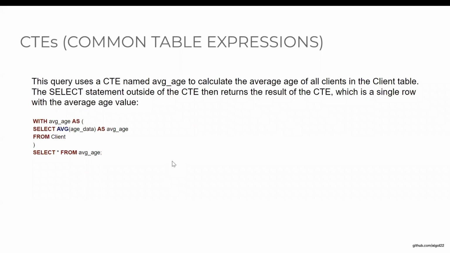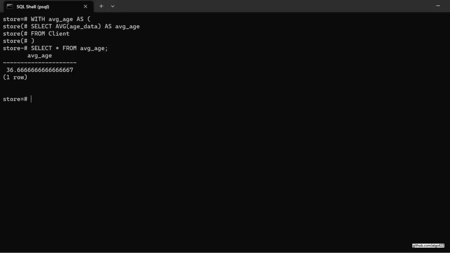In this example, we created the common table expression average age by selecting average age from the client table, and we can reference this common table expression in a select statement. So we just created a common table expression and got the average age for all clients.